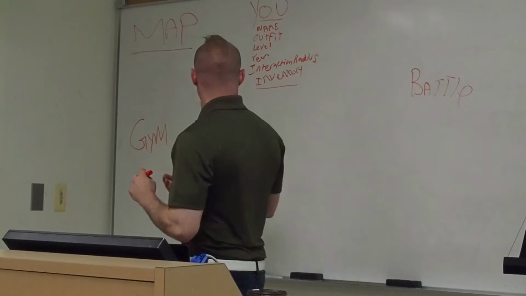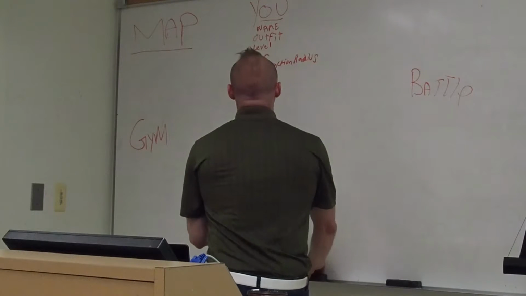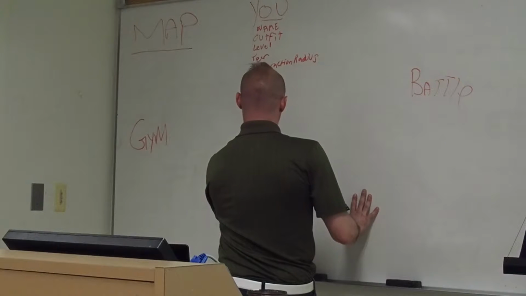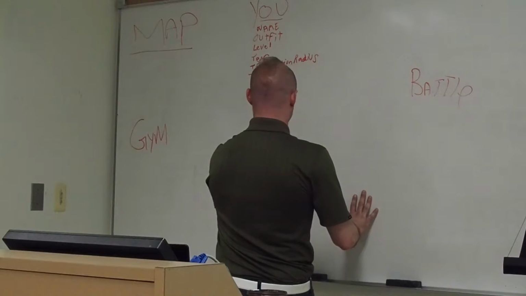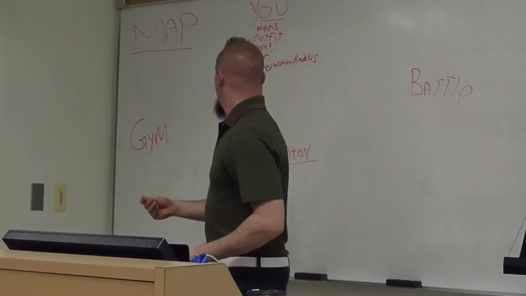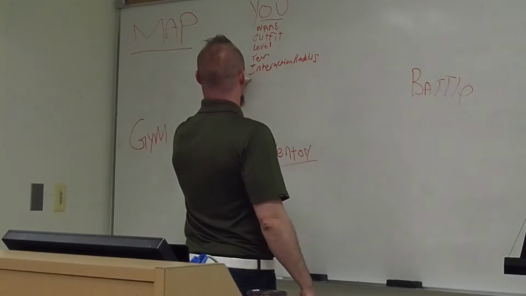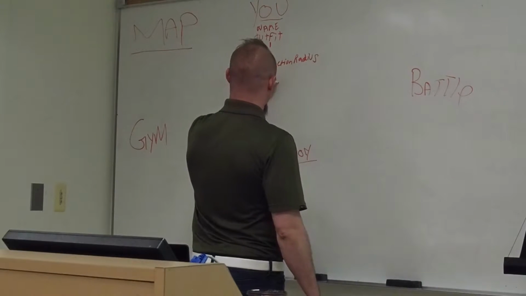I'm going to move this down a bit. This is going to get a little messy because I'm terrible at drawing. That's why I use computers to do everything for me. Inventory, interaction radius, and we'll also go with your current position. This is now tied to the map, right?